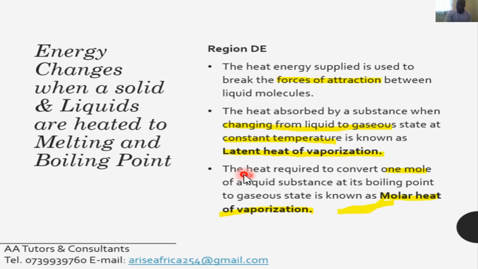Latent heat of vaporization is the amount of heat absorbed by a substance when changing from liquid to gaseous state at constant temperature, and this constant temperature is known as the boiling point. So when 1 mole of a liquid substance at its boiling point is converted to gaseous state, the heat change is known as molar heat of vaporization.